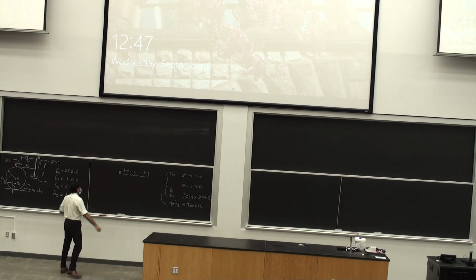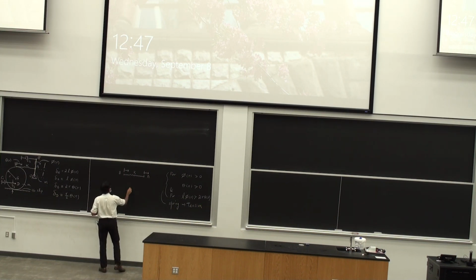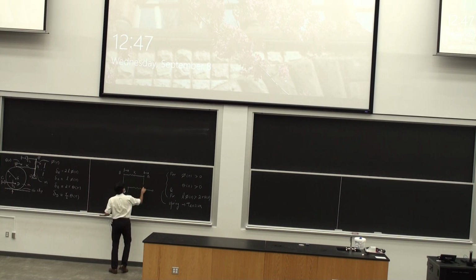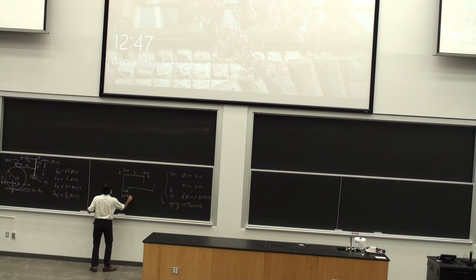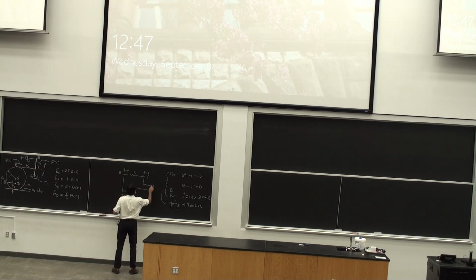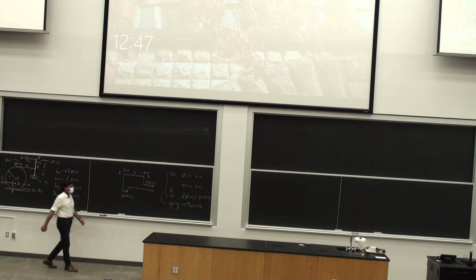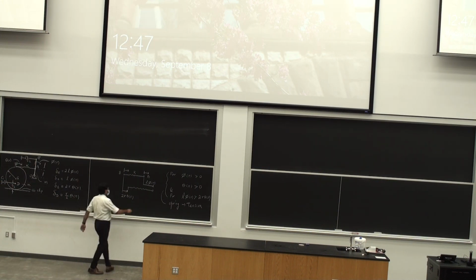Then we drew the position of the spring. L phi of t. This is the stretched length of the spring. We calculated all these. I'm not going to do it again.